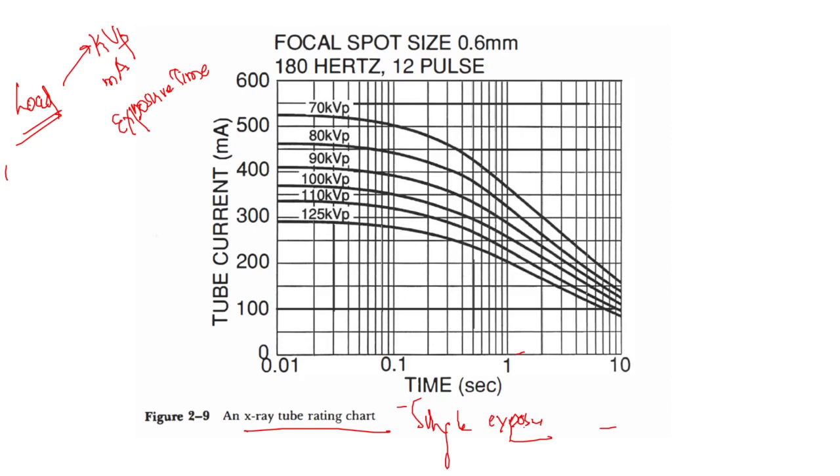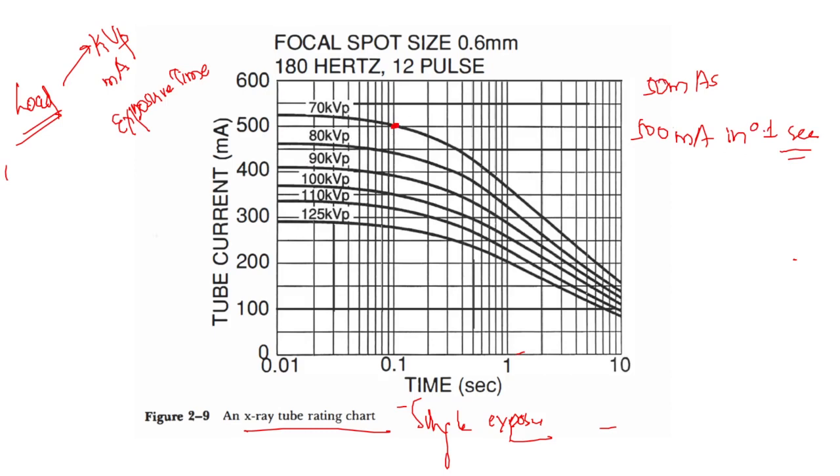Just imagine that, for example, we require an exposure of 50 milliampere second. So what does this mean? That means 500 milliamperes in 0.1 second.